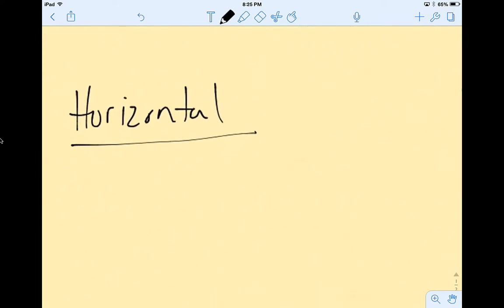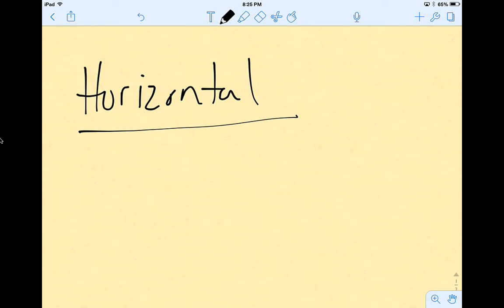So because horizontal motion is constant velocity, we're going to go back to the very first unit, unit 1 here, and we are going to use the simplest equation that we've had so far. V equals delta x over delta t.